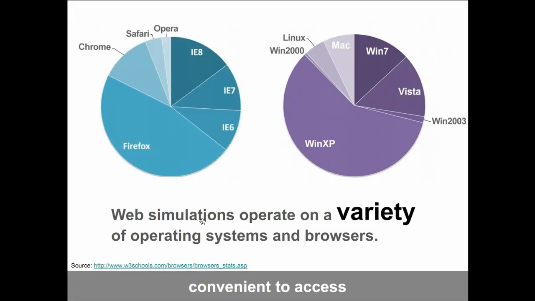Okay. Web simulations need to operate on a variety of operating systems and browsers. And so we're seeing here fairly current data. By fairly current, I mean within the last 6 months, where we are in terms of different browser types that get used. We're seeing that Firefox is dominating, although Chrome is growing very rapidly.